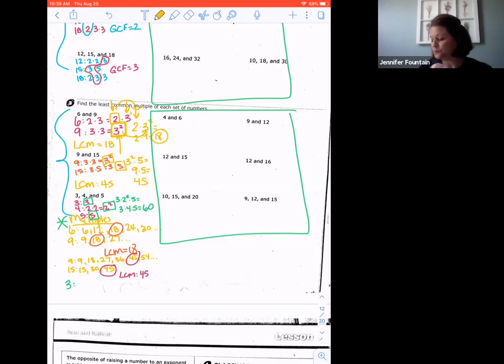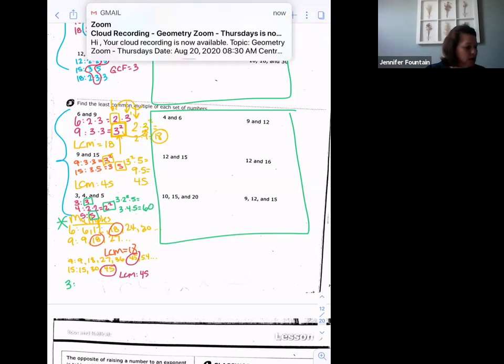All righty. Okay, so this was the end of the section for our test. Yay! So what we're going to do is I have put together a unit review, a little study guide that we can go through and practice on.